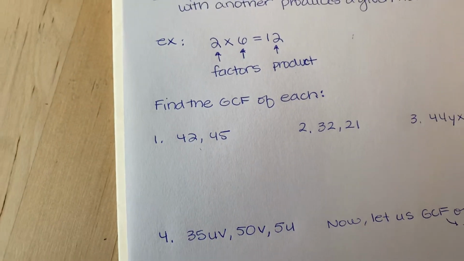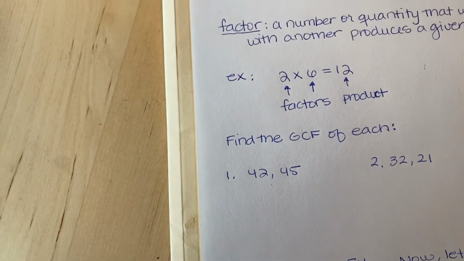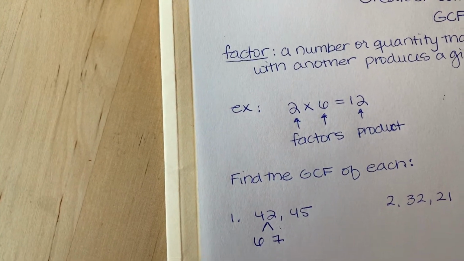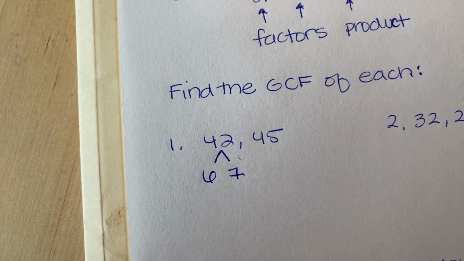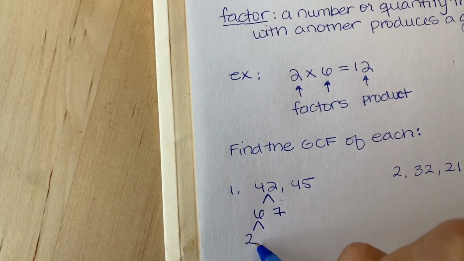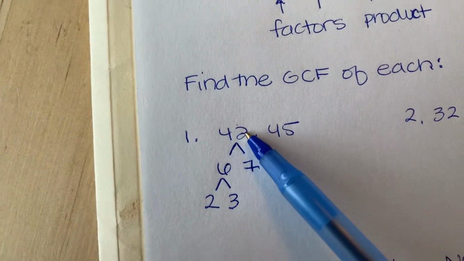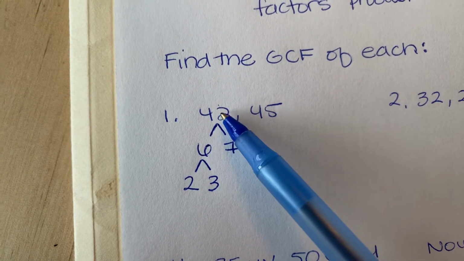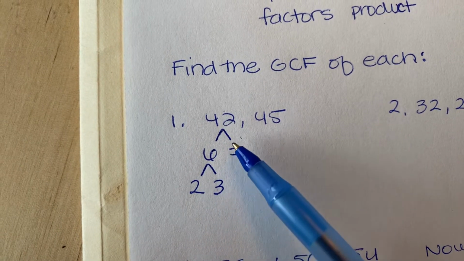You did this in middle school. 42 is 6 and 7. 6 is also 2 and 3. So these would be the primes. The prime factorization of the number 42 is 2, 3, and 7.